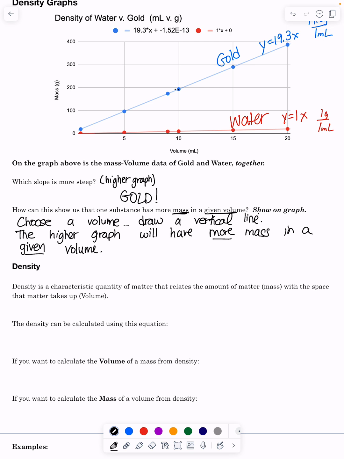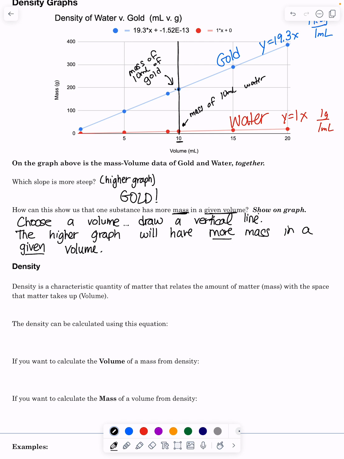So let's do this for gold and water here. Let's choose 10. Here's 10 milliliters. I'm going to draw a vertical line up at 10. Now this is the mass of 10 milliliters of water. This is the mass of 10 milliliters of gold.